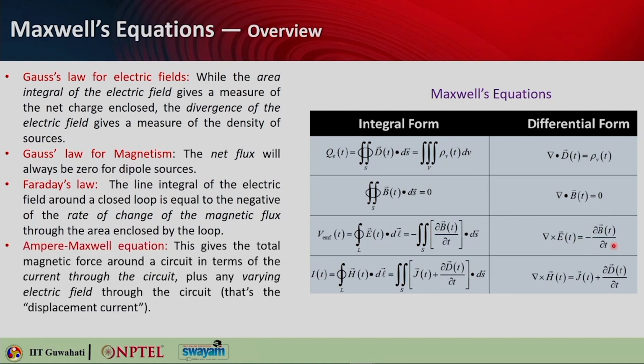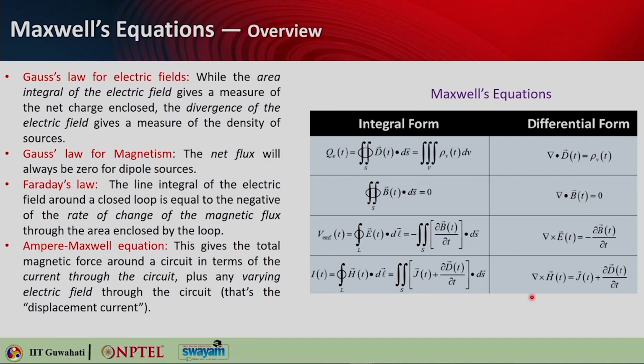Finally, the fourth equation, the Ampere-Maxwell equation, tells you the total magnetic force around a circuit in terms of the current through the circuit plus any varying electric field through the circuit, that is basically the displacement current.